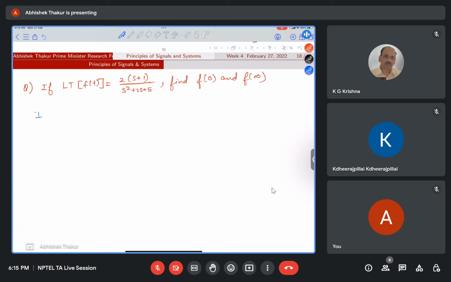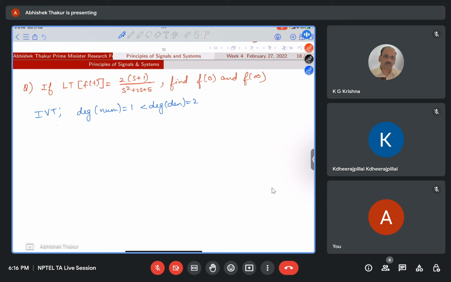So first we'll apply the initial value theorem. We see the degree of numerator is 1, which is less than the degree of denominator, which is 2, so we can easily apply this. Always first check the condition whether we can apply the initial value theorem or not, because if it is not applicable and you apply it, you will definitely get a wrong answer and a negative mark in the GATE examination.